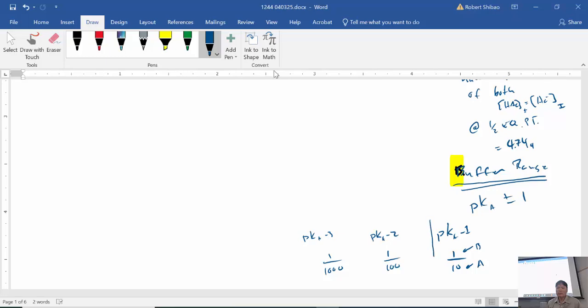And so what we want to do is keep it within a 1 to 10 up to, well, pKa, if we're looking at just pKa, then it's a 1 to 1 ratio. If we're looking at pKa plus 1, then we're looking at a 10 to 1 ratio. If we're looking at a pKa plus 2, what are we looking at? A pKa plus 2 means a 100 to 1 ratio.